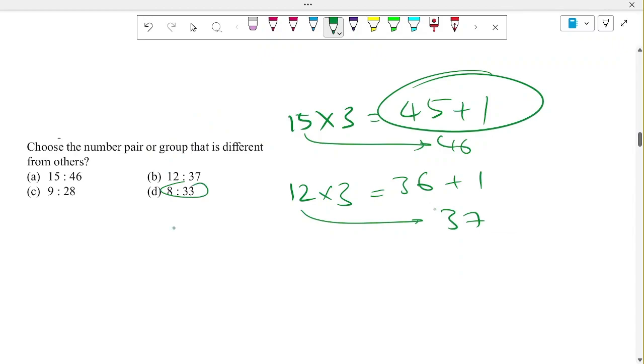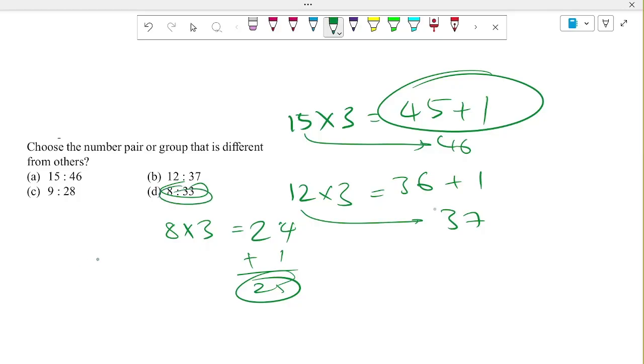We'll check this one. 8 into 3 is equal to 24. 24 plus 1. 25 I am getting. But let us see this. 9 into 3. 27 plus 1. 28.